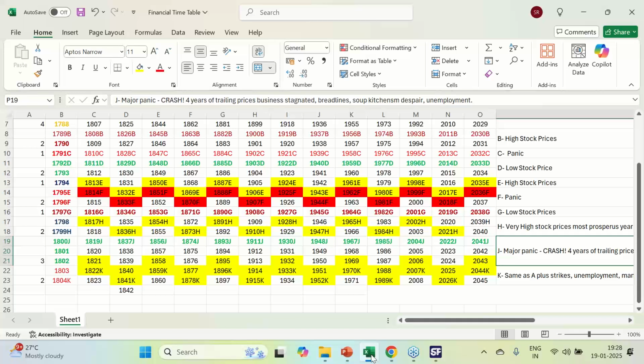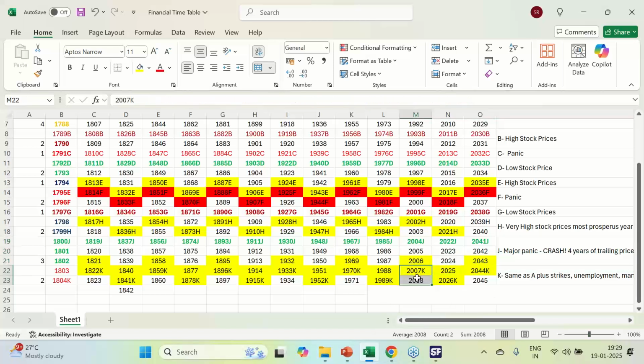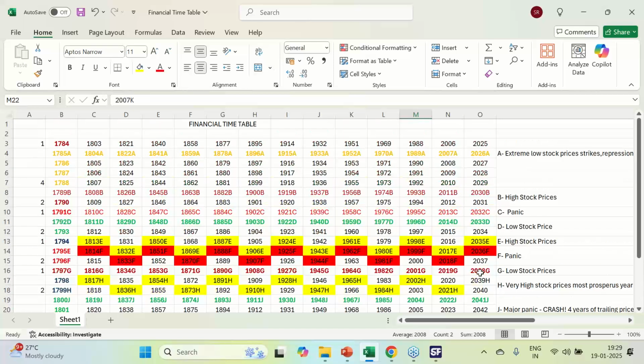When it speaks about social facts like strikes or unemployment, that has similar kinds of effects. So you can say that 7 and 8 are also reflected here: K, 7 also K, 7 also A.